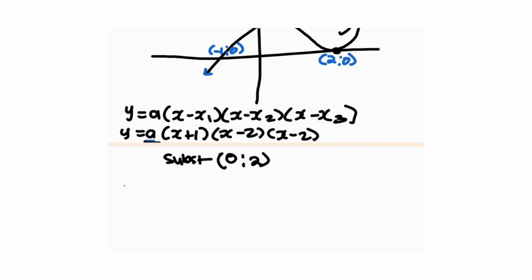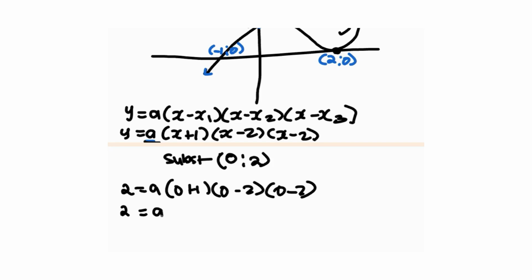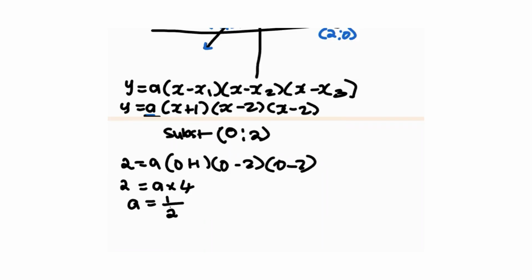So we have 2 equals a(0 plus 1)(0 minus 2)(0 minus 2), which is a times 1 times negative 2 times negative 2, it gives me 4. So that would be a times positive 4, meaning a is 1 over 2.